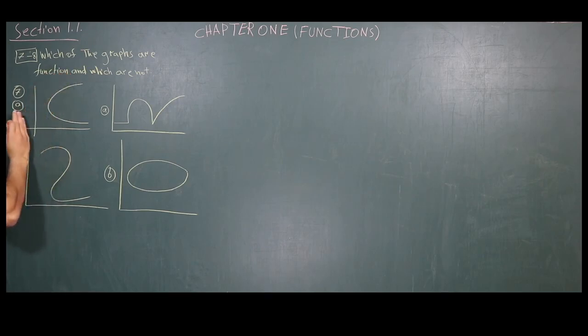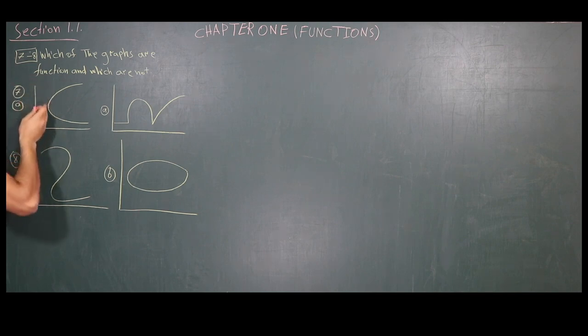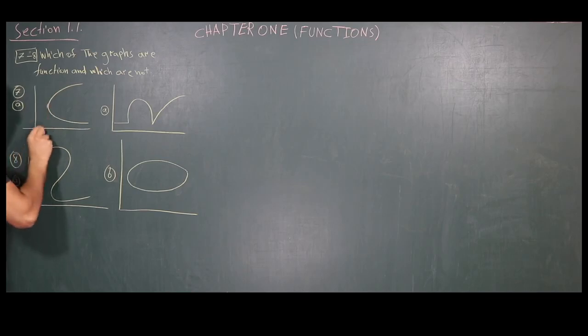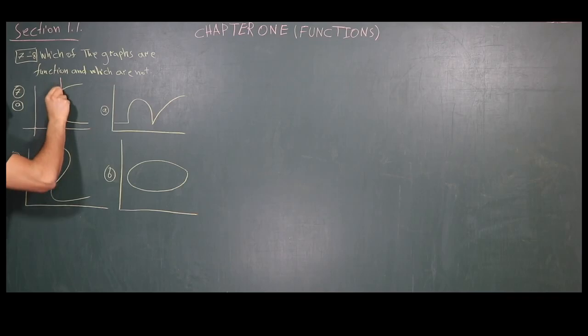We will scan a vertical line from the beginning of the graph all the way to the right, and we can see easily that when we pass this point, this line will cut or intersect with the graph in 2 points.